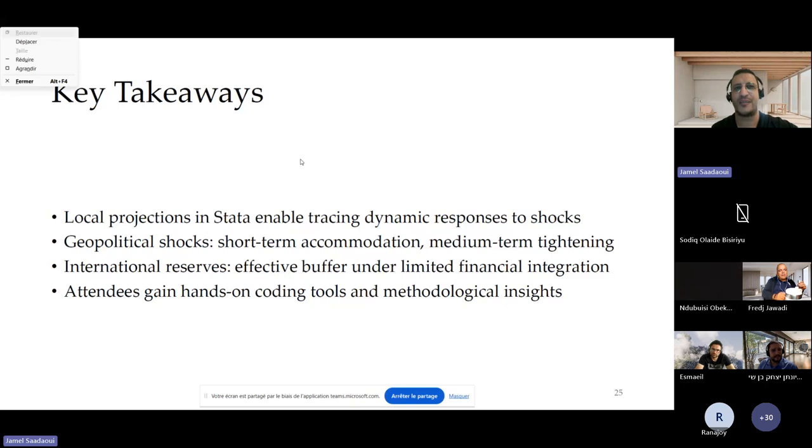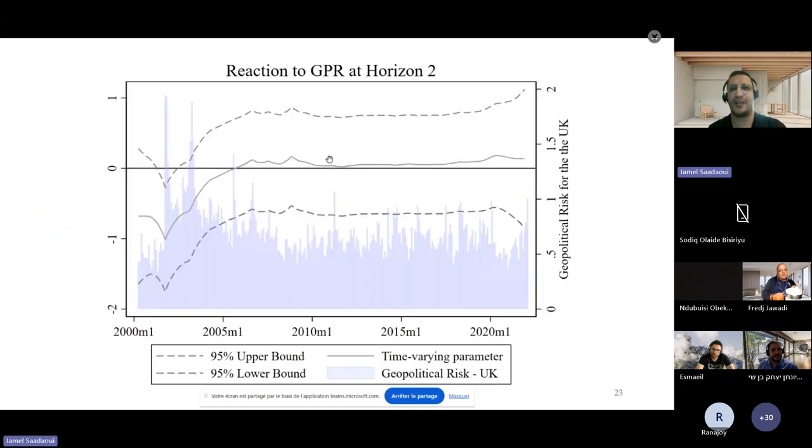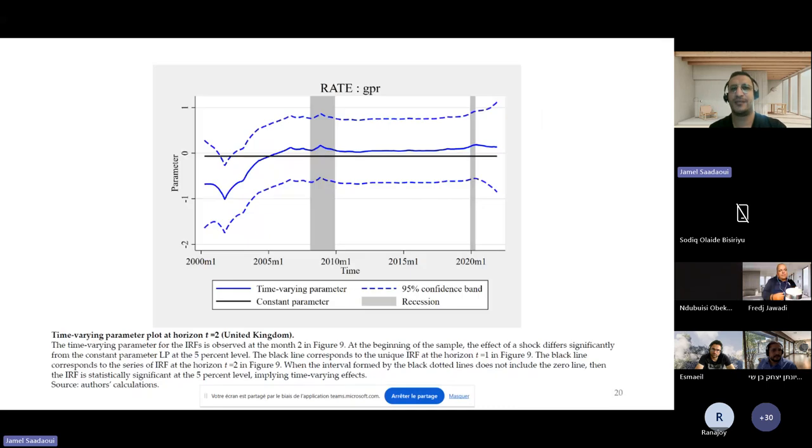The test is here. If at any time horizon the dotted blue curve always includes the black line, you don't have parameter instability, and you can revert to constant local projection.